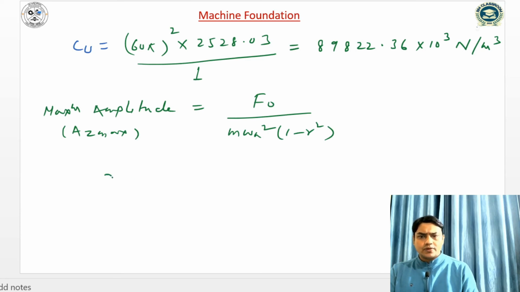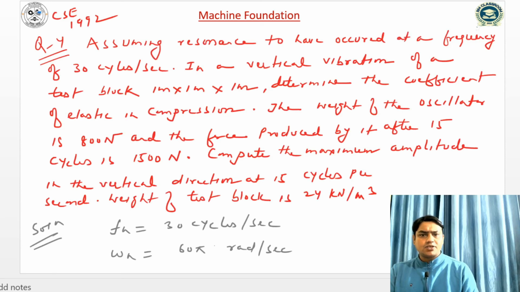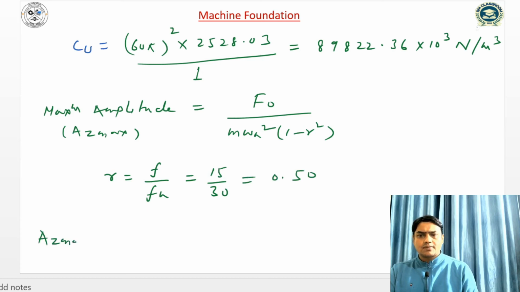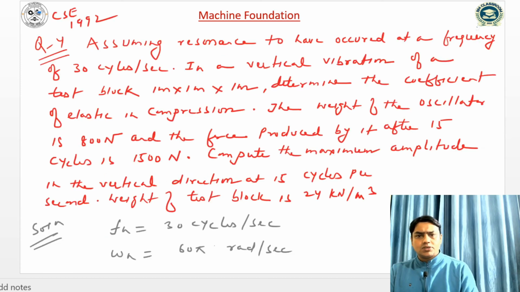So frequency ratio is equal to operating frequency by natural frequency. So operating frequency is 15 cycles per second. So it will be 15 divided by 30. So 0.5.